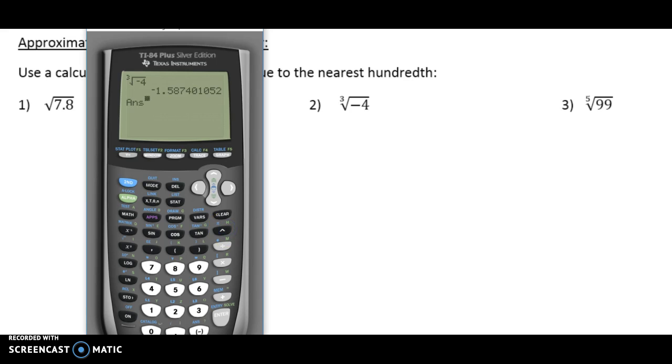And we can go backwards, so our answer to the cubed is our negative 4. Okay. And last one, math 5 of 99. 2.50. 1. 2.51. We take that to the 5th power, go back to 99. It goes back and forth.